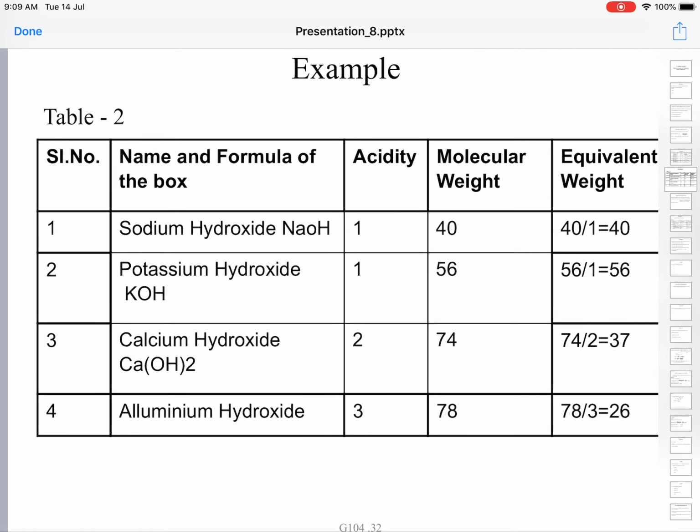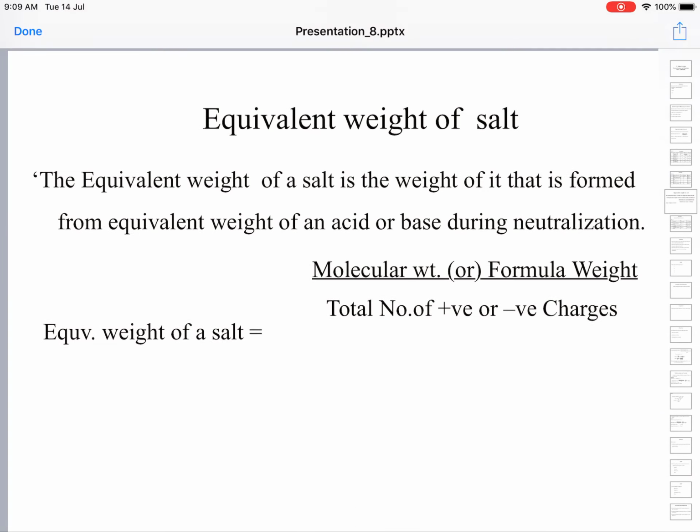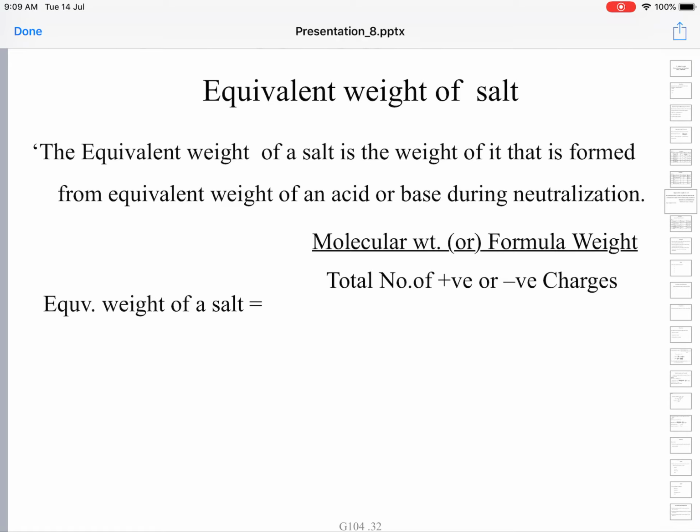Next we will move on to see the equivalent weight of a salt. Equivalent weight of a salt is the weight of salt that is formed from the equivalent weight of an acid or base during the neutralization.